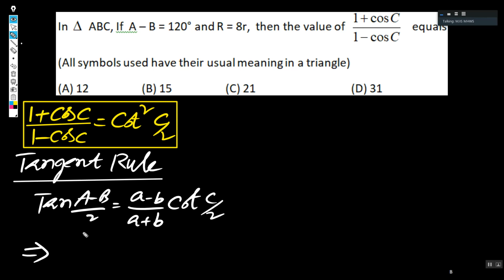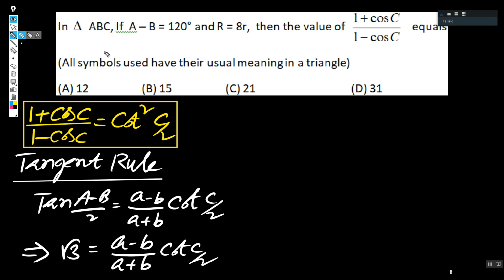So root 3 is equal to (a minus b)/(a plus b) cot(C/2). What is the use of this? You can find a minus b and a plus b.